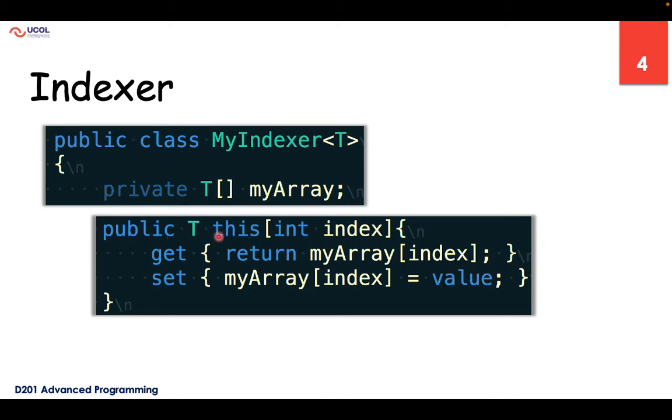So we say public T this. Now there is a return type that is going to be returned, but there is no method name. We only say this, and then we say int index.